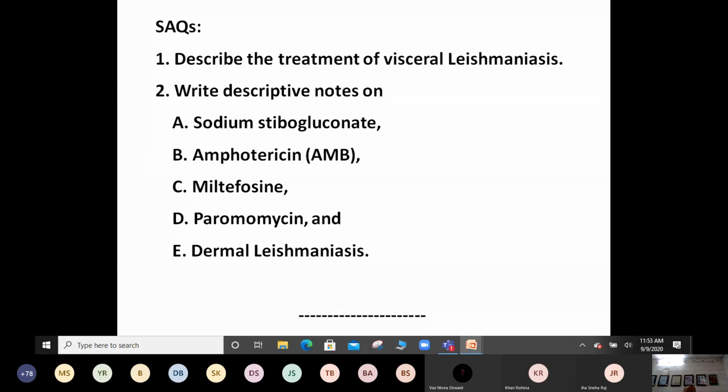If there are multiple, severe ulcers, then you have to use parenteral drug combination, just like visceral leishmaniasis, and if they are secondarily infected, you have to use other antibiotics for the treatment of secondary infection.